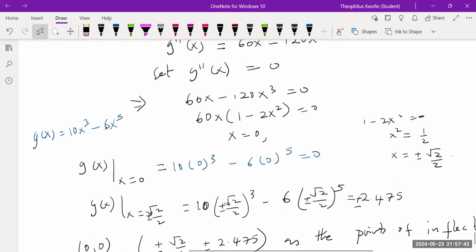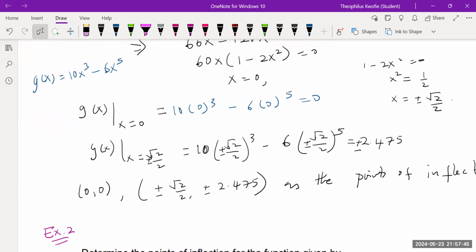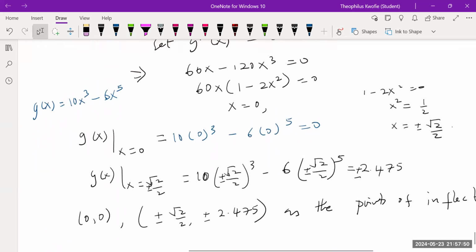Afterward you put them together as coordinates. Then those points become your points of inflection. Okay. I think this is very interesting. I think everybody would like this for some test.